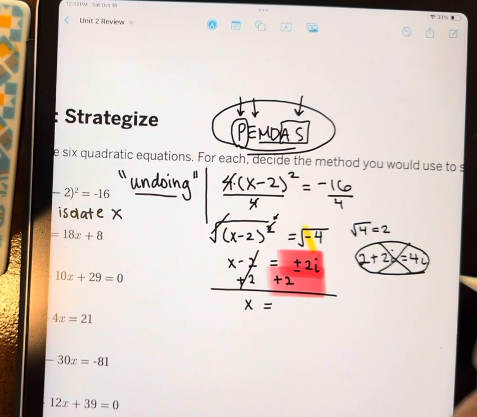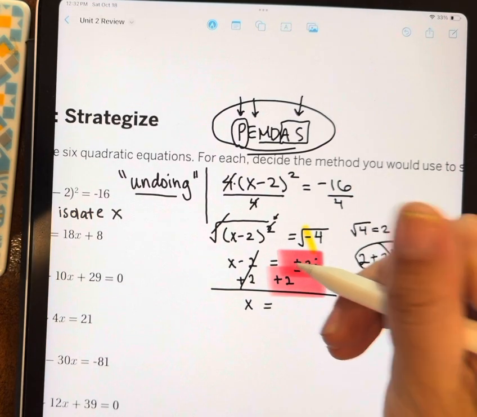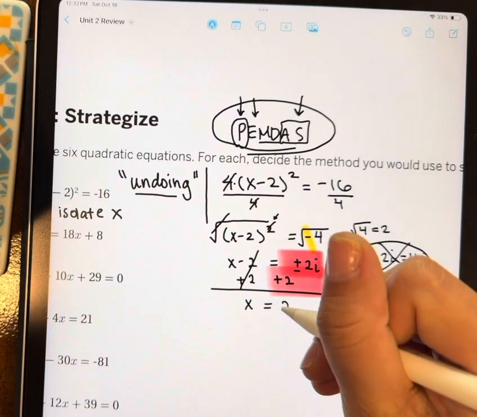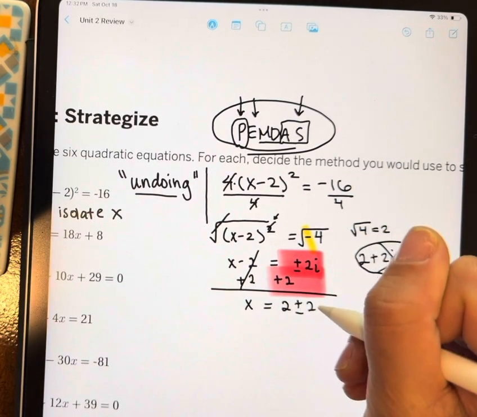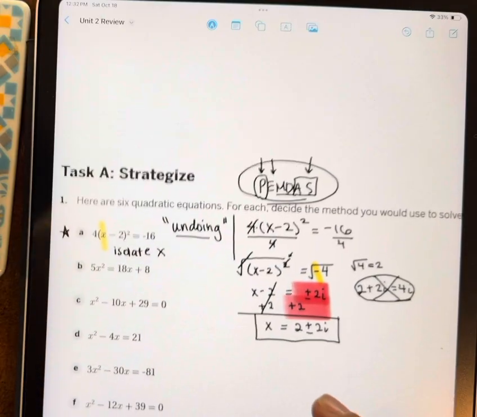This is an absolutely not situation. All right? 2 and 2i are not like terms. You cannot simplify them. So what you do is you just put the 2 in front of the plus or minus. 2 plus or minus 2i. And that's it. Final answer. That was A.